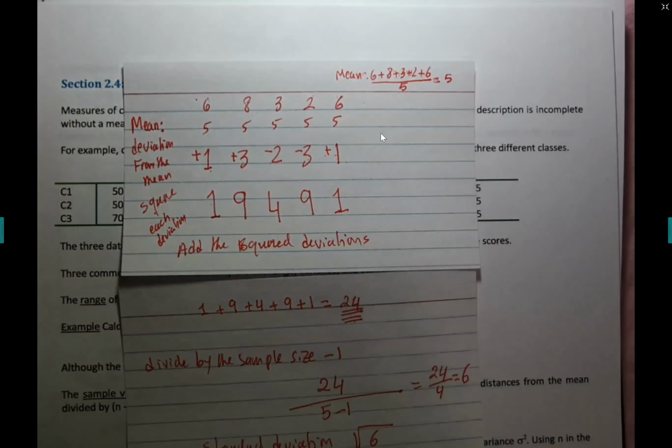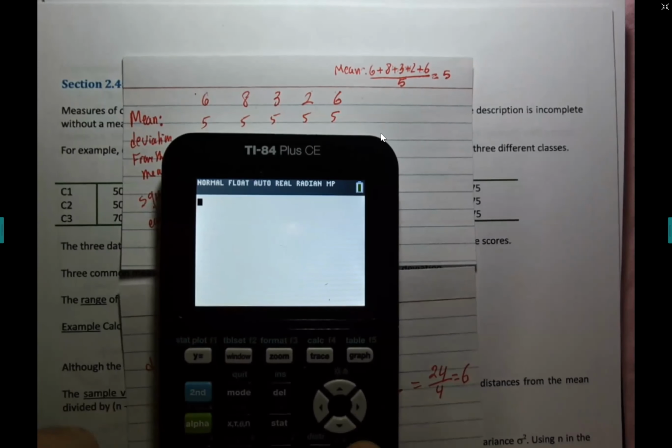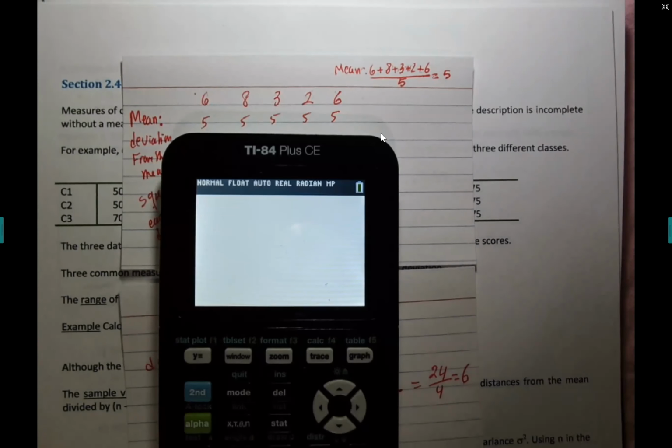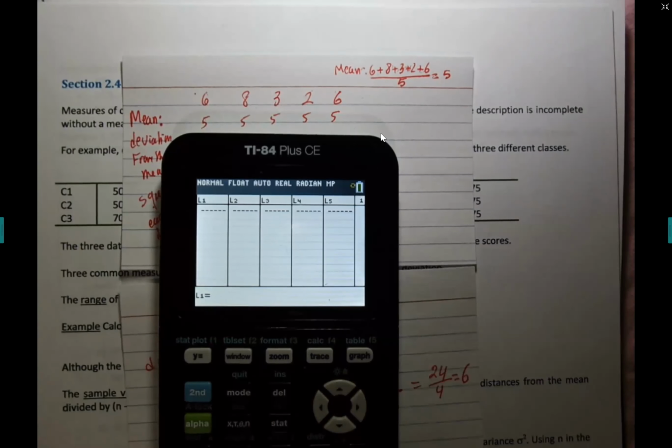Now, using the calculator, guys, watch and see how easy it is to find the standard deviation. You don't need to do any of this work. First of all, you have to enter the data set into the calculator and tell the calculator that I have 6, 8, 3, 2, 6, and I want to find the standard deviation. So you go to Stat, Edit, and I'm going to clear L1, guys, that we used earlier.